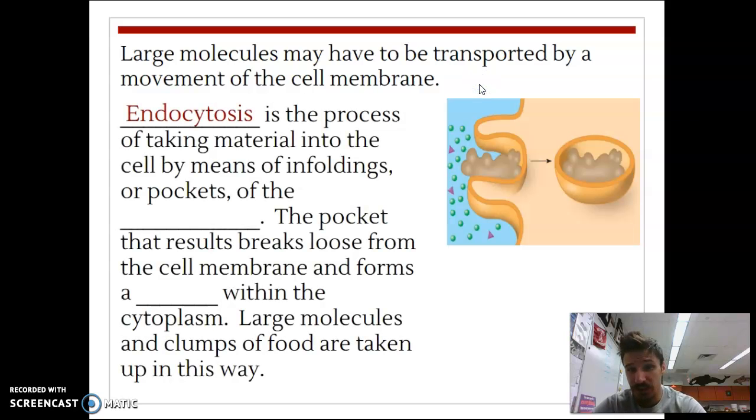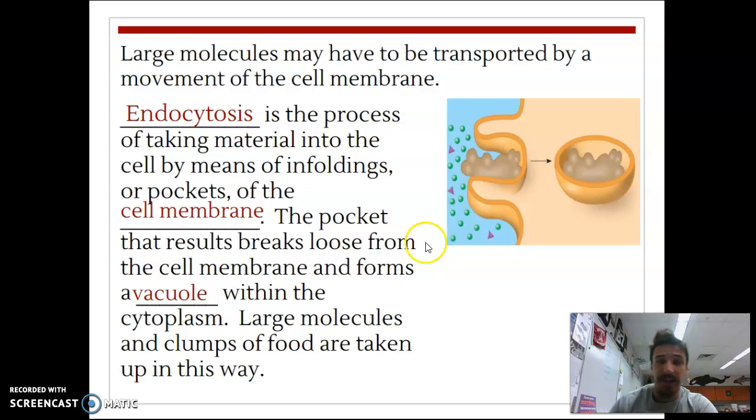Now, this is endocytosis, which is the process that we see depicted here on the right. These pseudopods, these fake arms, pull materials into the cell, and it's the cell membrane. Obviously, this is the cell membrane morphing to kind of fit around whatever this stuff is here, these molecules.